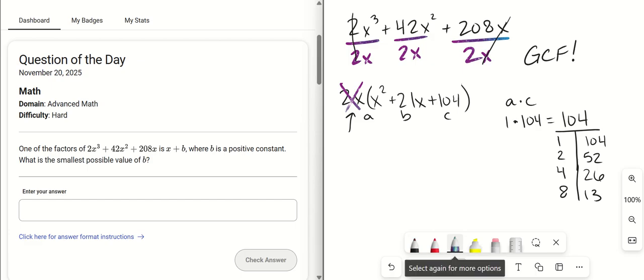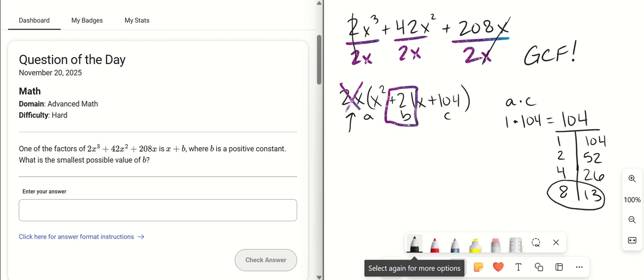Now, we need to pick the pair of numbers that's going to add to B. So we need to pick the pair that's going to add to positive 21. And our pair that adds to positive 21 is going to be 8 plus 13.